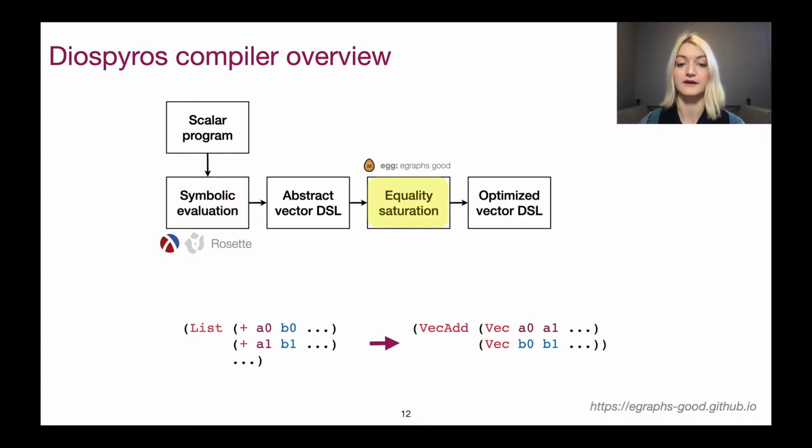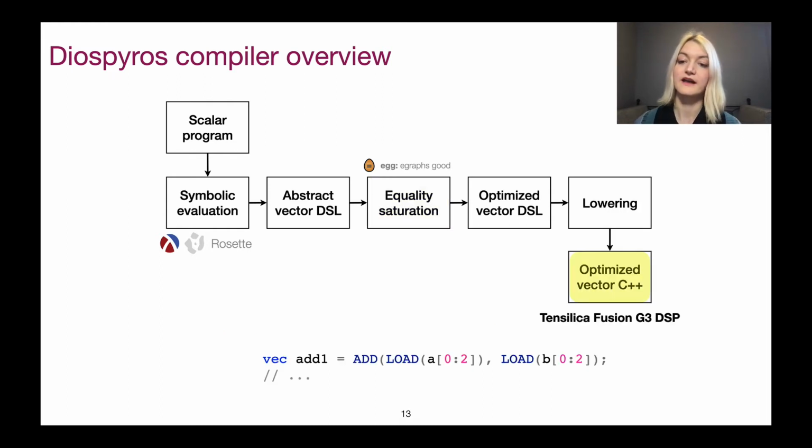Our core technique that we use throughout this paper is equality saturation, which is an existing technique embodied in the egg e-graphs library that lets you apply a series of rewrite rules in order to transform programs. Our particular contribution is applying rewrite rules to vectorization and finding rules that work well in this domain. We then have a traditional compiler backend that produces optimized vector C++ code for our particular target.